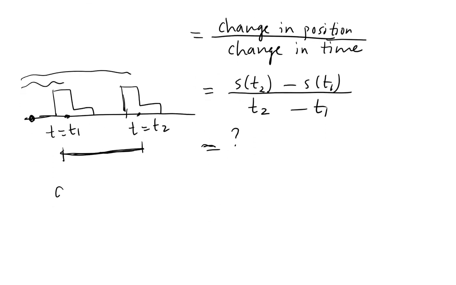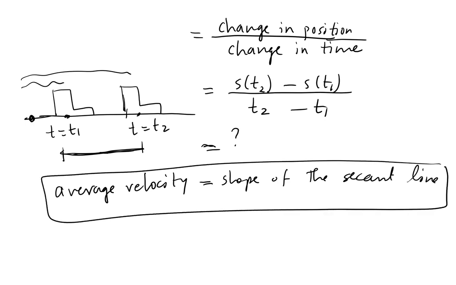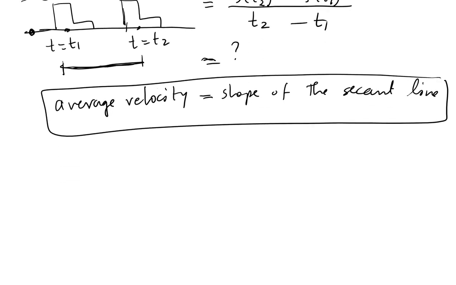This tells us that the average velocity is the slope of the secant line. That's what the average velocity is: the slope of the secant line.